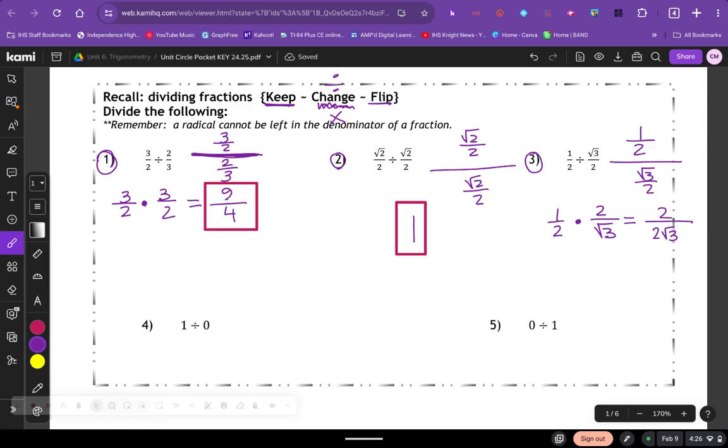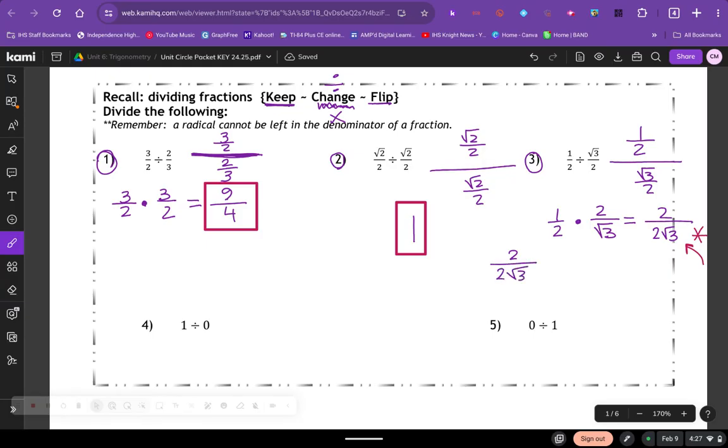In the denominator, there's a radical. The square root of 3 is in the denominator, and that is not allowed. I cannot leave my answer with a radical in the denominator of a fraction. So I have to eliminate the square root of 3 that's in the denominator. I'm going to take my answer, 2 over 2 times the square root of 3.